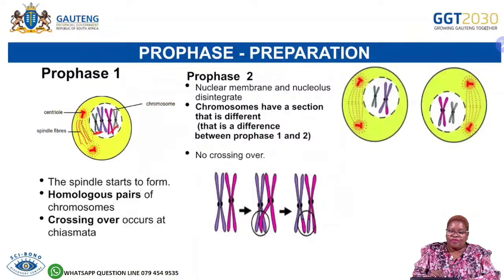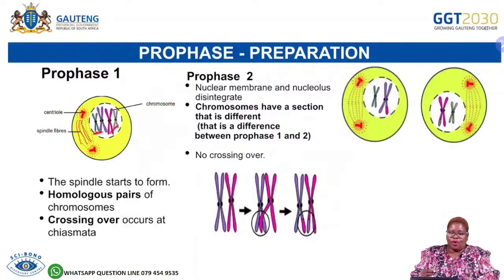Now, if you compare prophase with interphase, remember in interphase you can only see the chromatin network. But in prophase 1, they have formed what? Homologous chromosomes. You are able to see the chromosomes, and they are in their pairs. Hence, we call them homologous chromosomes.